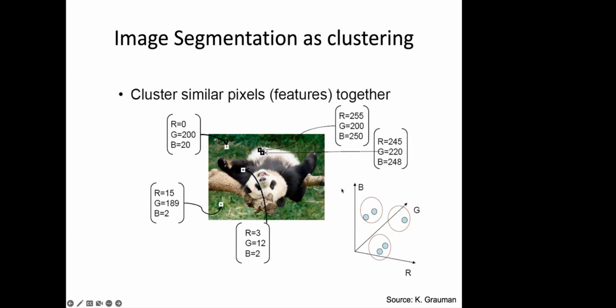Now, we can see this problem in terms of clustering because now the objects to be clustered are the pixels in my image. Each pixel, as we mentioned before, is represented by 3 numbers. 3 numbers, as you know, represent a point in a 3-dimensional space. So each pixel can be thought of as a point in a 3-dimensional space, where the 3 axes are the red, the green, and the blue axis.